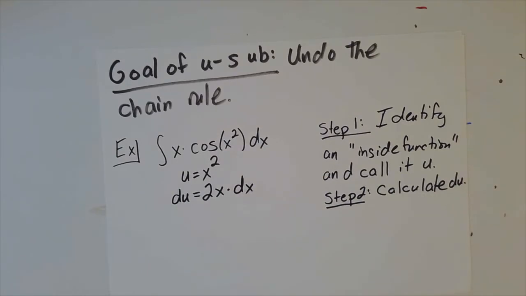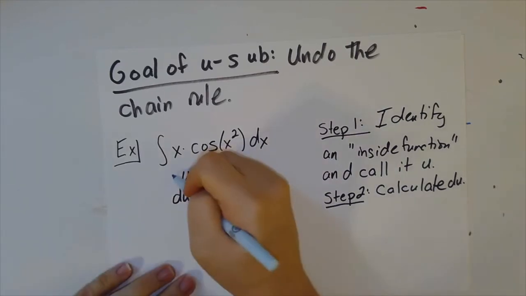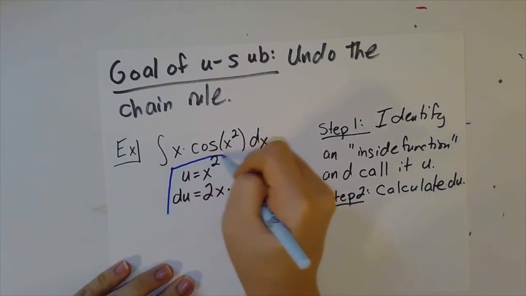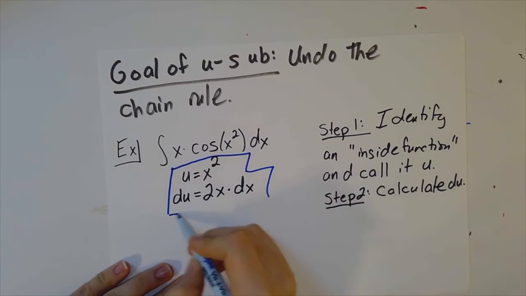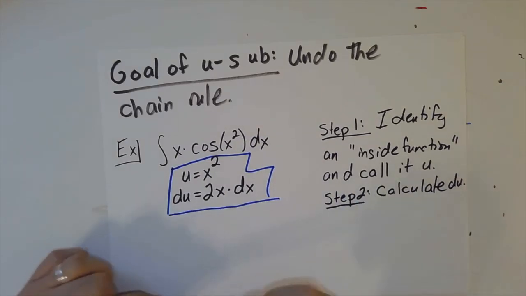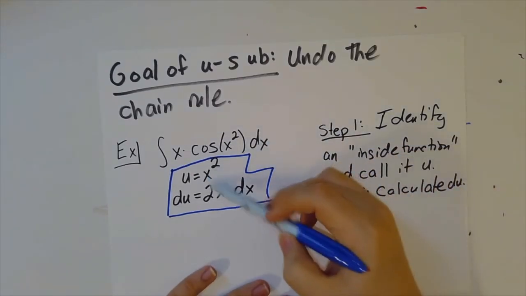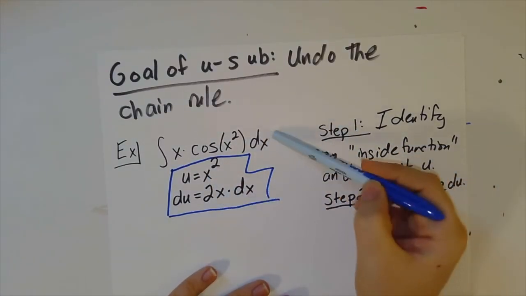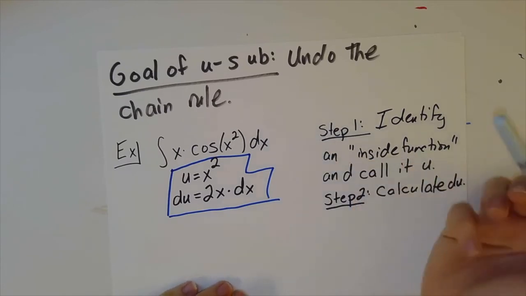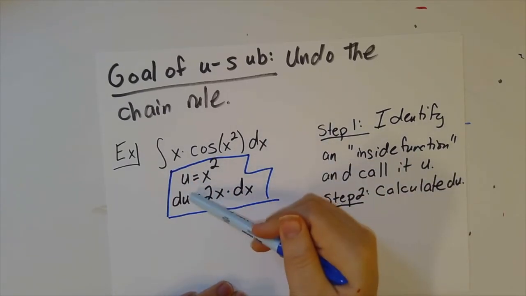And just as a matter of how you should think of this, you should think of this pair of equalities as being your Rosetta Stone between two languages. One of those languages is the x language that your integral was originally given in, and the other is this new language that involves the variable u.